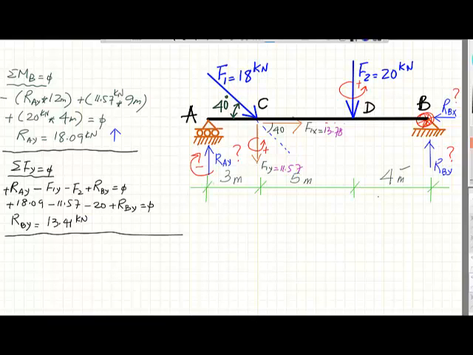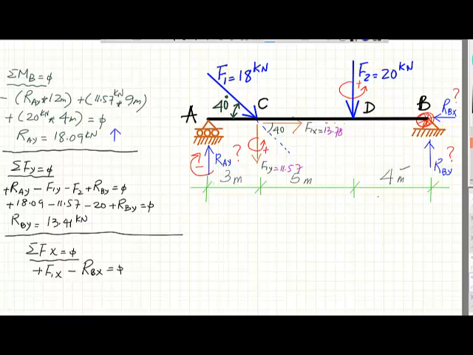Now what's left is RBX. We'll apply the equilibrium equation, sum of all forces in x direction equal to 0. In this case we have only F1x, which is going towards east, plus F1x, and the assumed direction for the reaction is towards west, which is minus RBX, equal to 0.